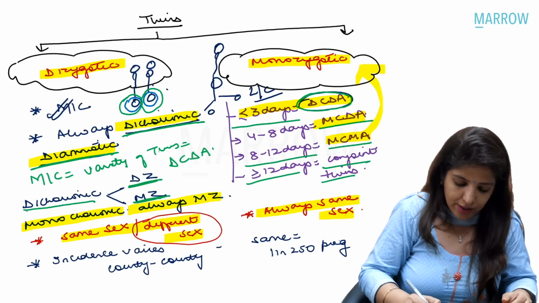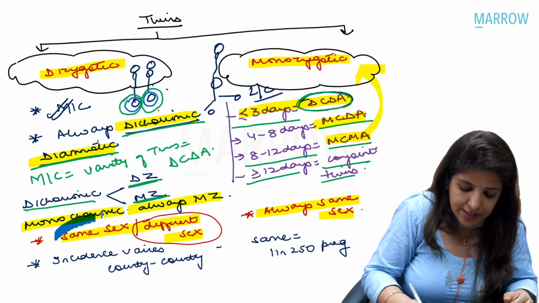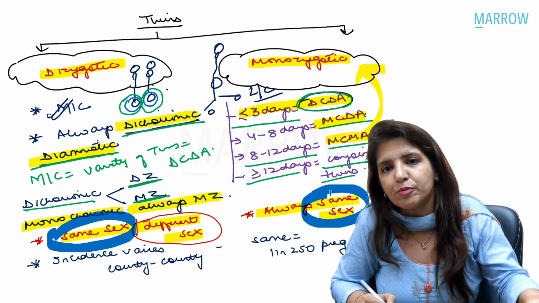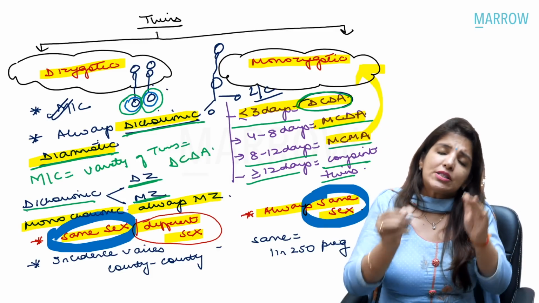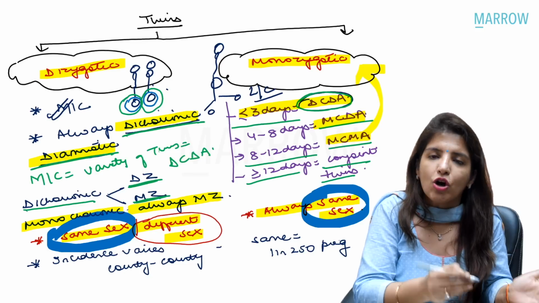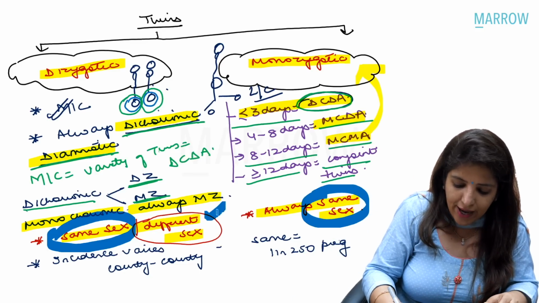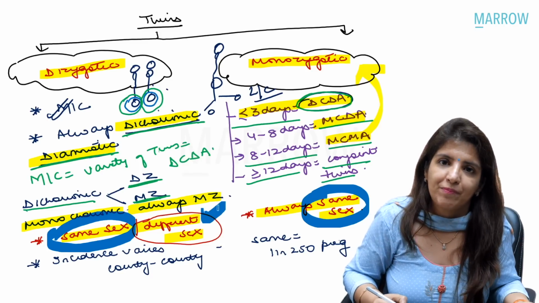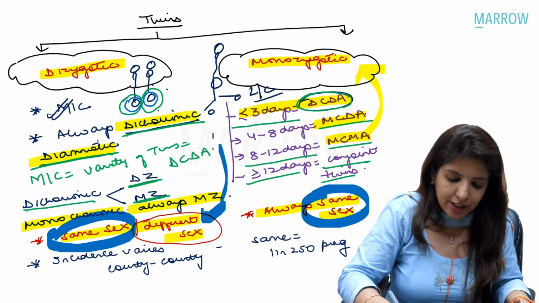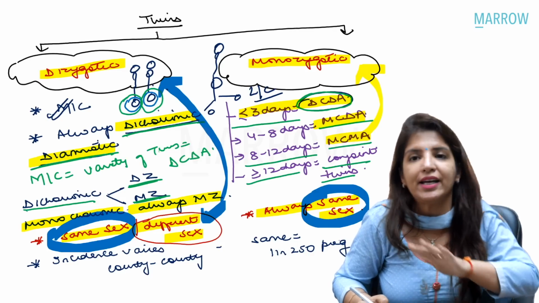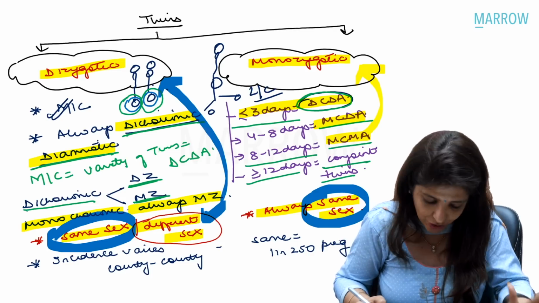In other words, if I am getting same sex, can I say that they will always be monozygotic? No, because same sex can be dizygotic or monozygotic. But on the other hand, if I am getting different sex, then 100% it means they are dizygotic. Different sex can never happen in monozygotic.